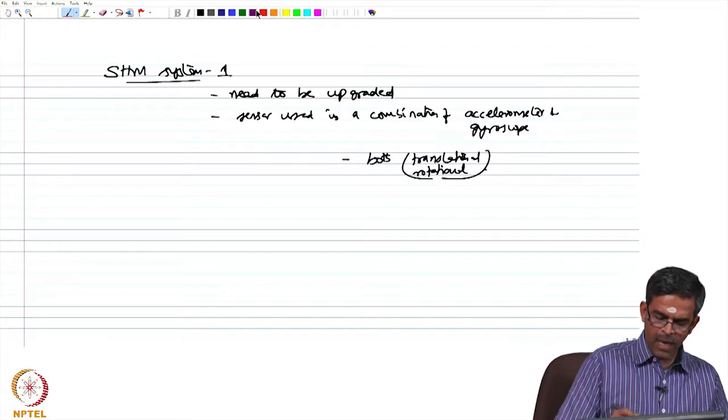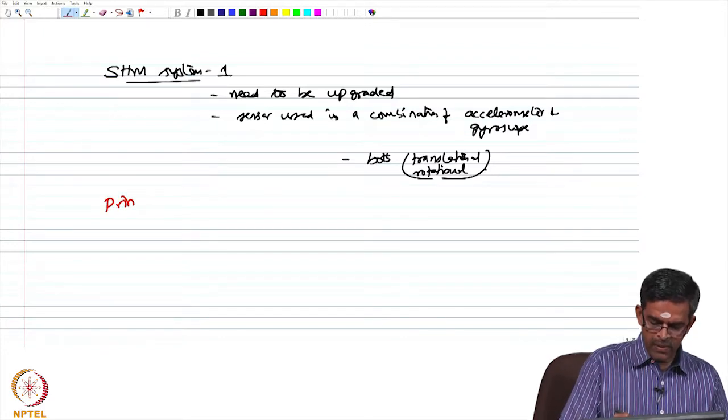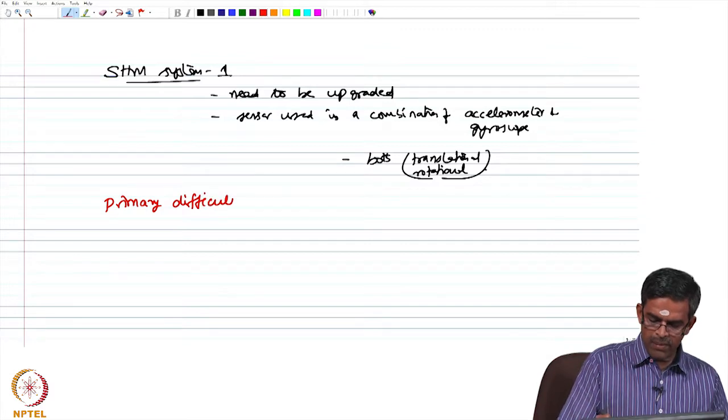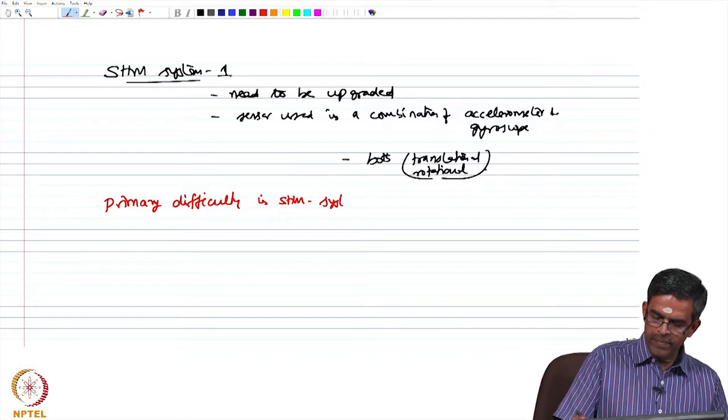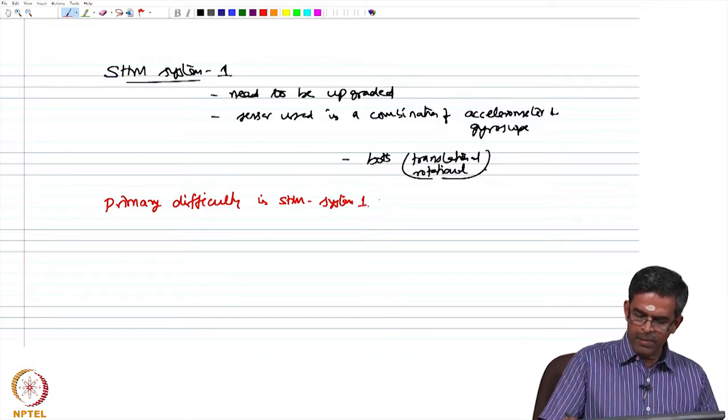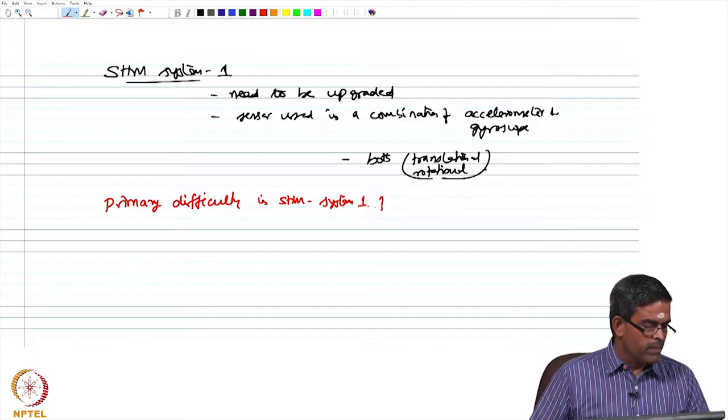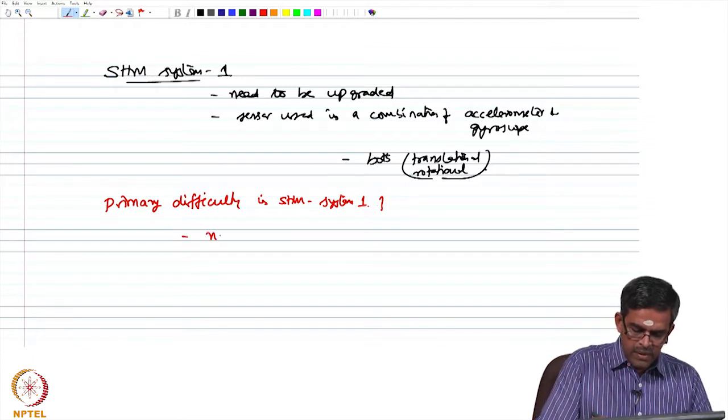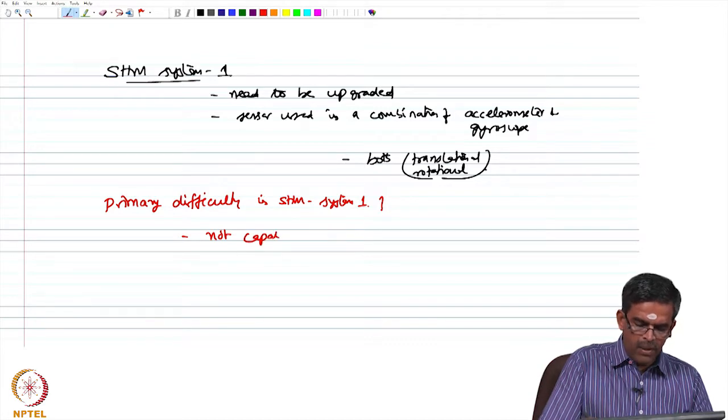So, let us see what is the primary difficulty in the system design. What is the primary difficulty in, let us say, SHM system 1? The primary difficulty is that it is not capable of processing the data.